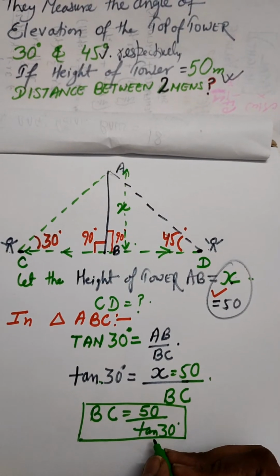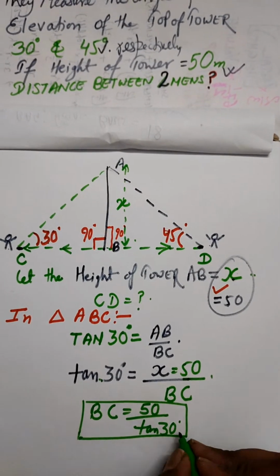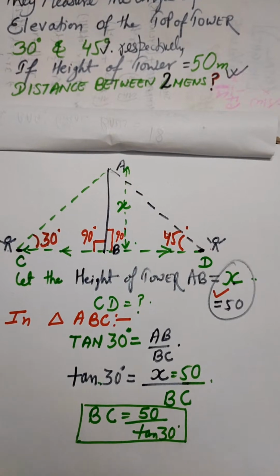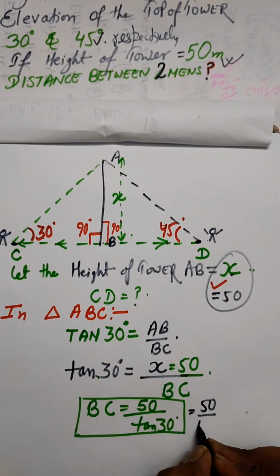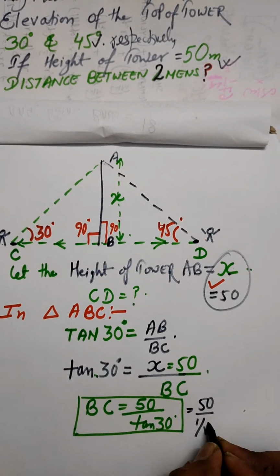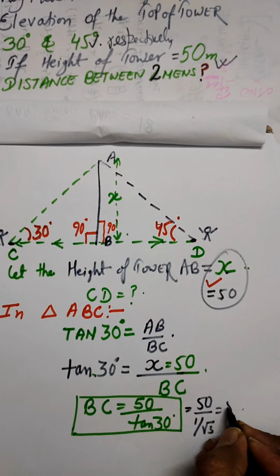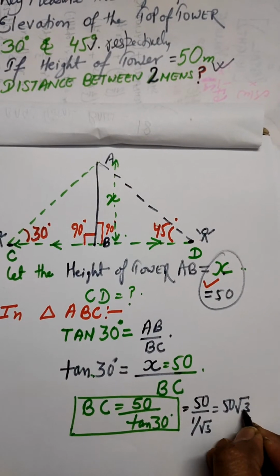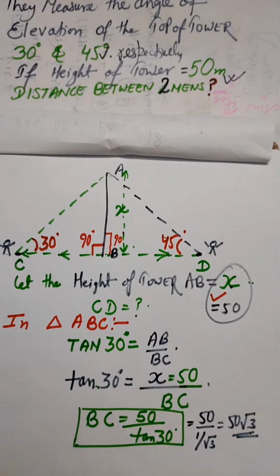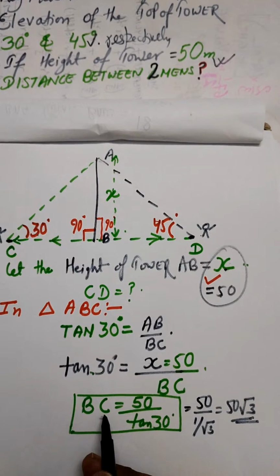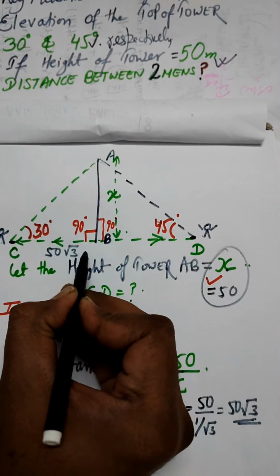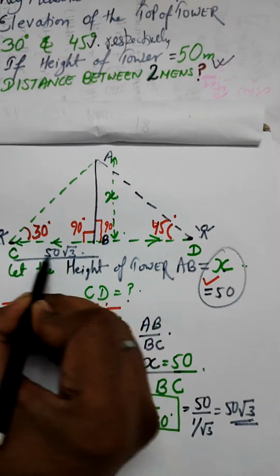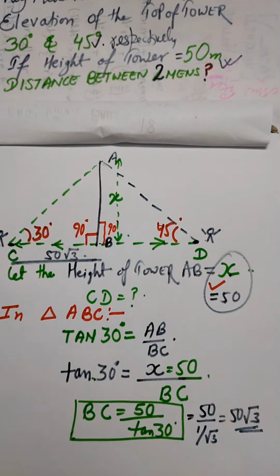We know it, the value of tan 30 is 1 by root 3. So it will be 50 divided by 1 by root 3, which is equal to 50 times root 3. So this is the value of BC. That means this distance from B to C is 50 root 3.